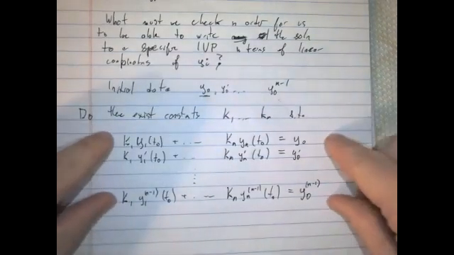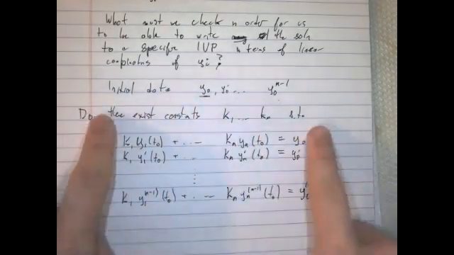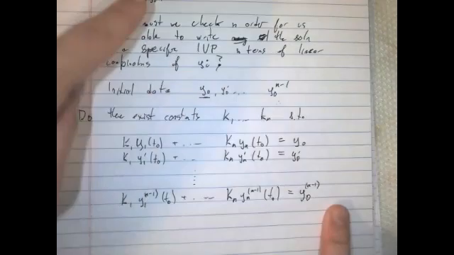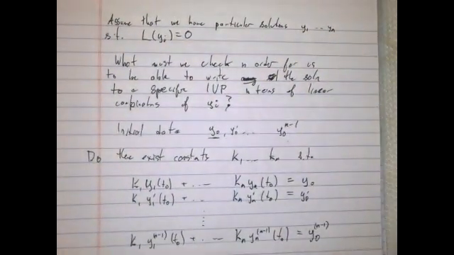Like, do you agree that this condition that I'm writing here, having some constants k1 through kn such that all of these equations hold, is equivalent to writing the unique solution to L and this initial data in terms of my functions y1 through yn? Yes or no? I guess I don't totally understand what you're saying.